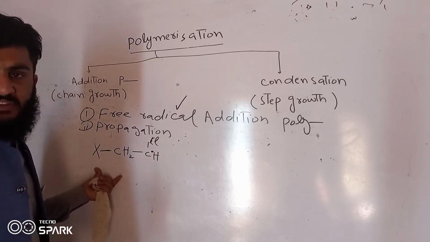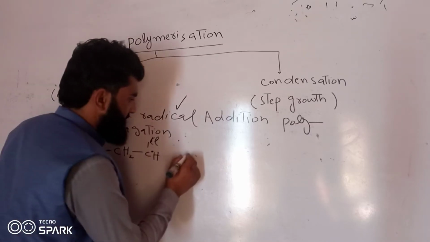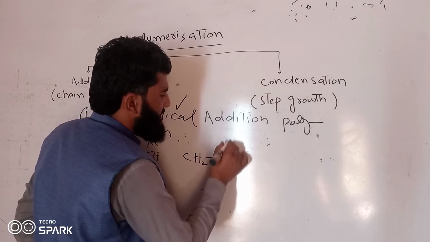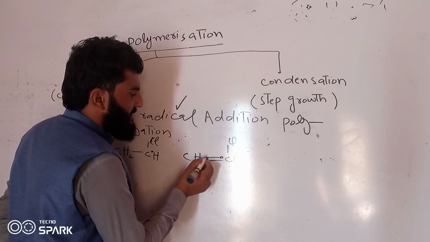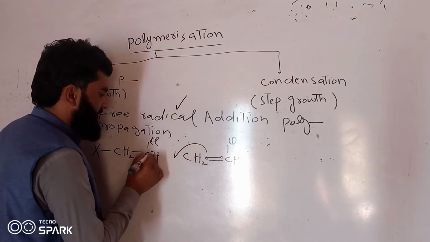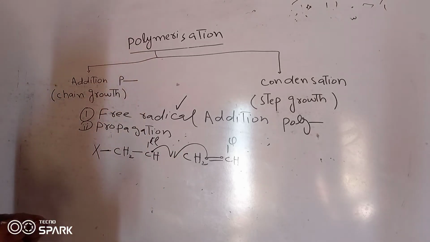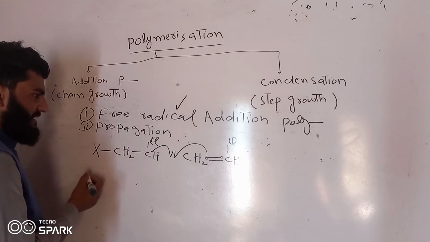This chlorine carbon is also a free radical, so this free radical will attack another monomer, CH2 double bond CHCl. For example, this is a pi bond, and one electron of the pi bond comes here and the other comes here. So what will be the result?